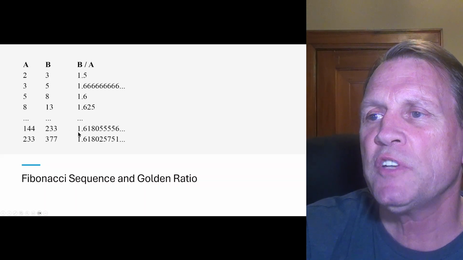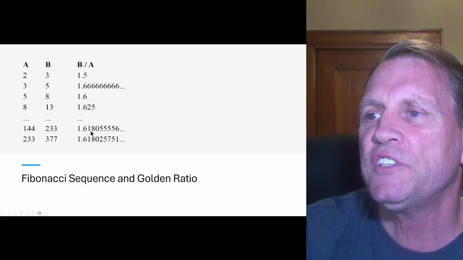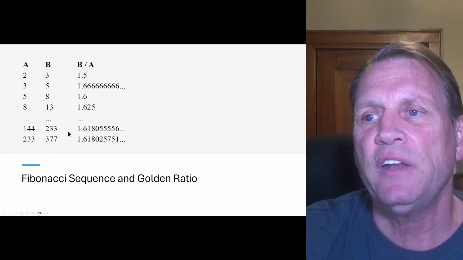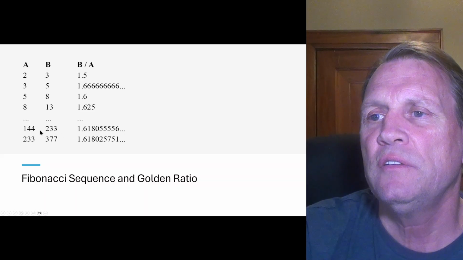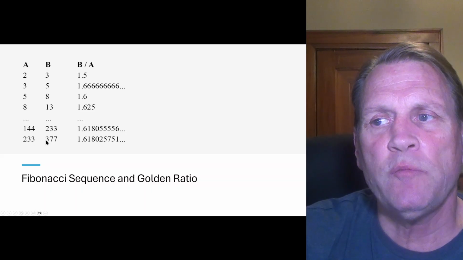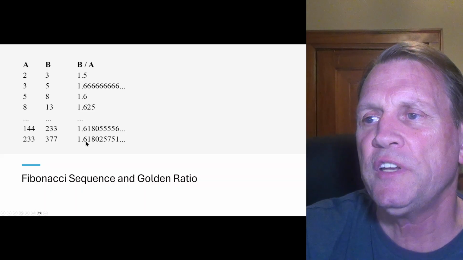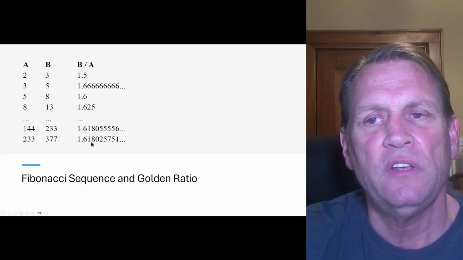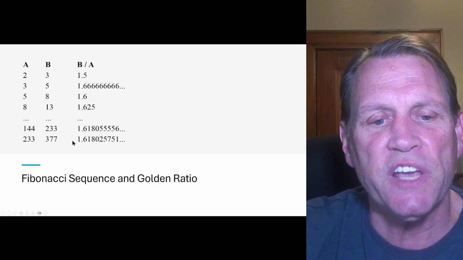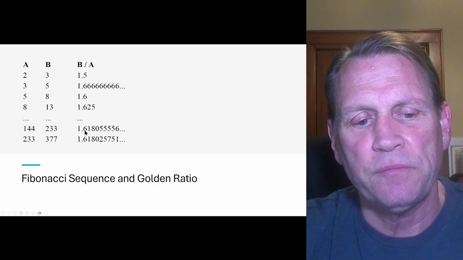And that ratio comes out to be, lo and behold, 1.618055, and so on. And then we go up one more, 233 and 377. 377 divided by 233 is equal to 1.618, and so on. And it only hones in closer and more precisely to the golden ratio, right?